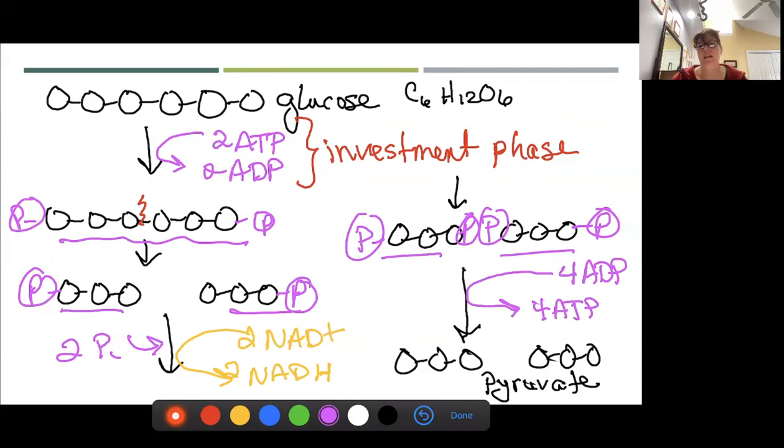So as we get those ATPs out, we made 4, but remember we invested 2. So our profit margin is only 2 ATPs in this process. So it doesn't make a whole lot of energy, but it sets us up for the next part of metabolism.